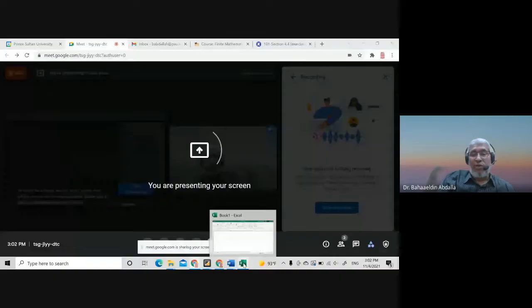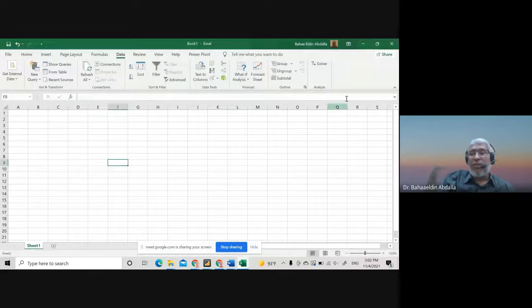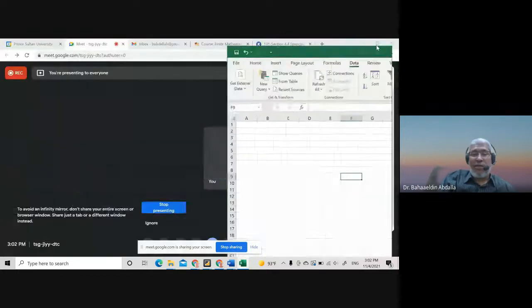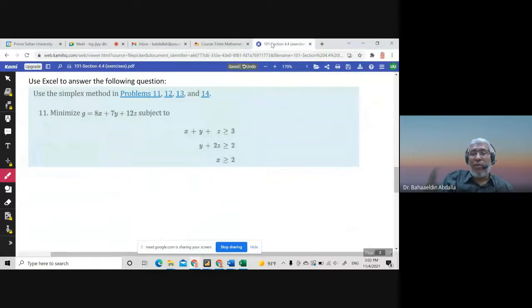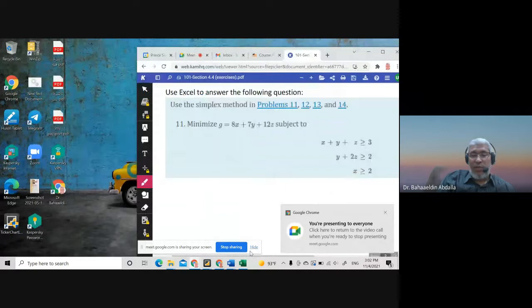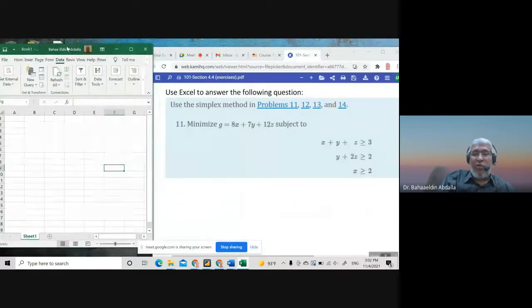Okay, so this is Excel, and let us remember how to use Excel to solve the problem. So let us put them together and try to solve using Excel.